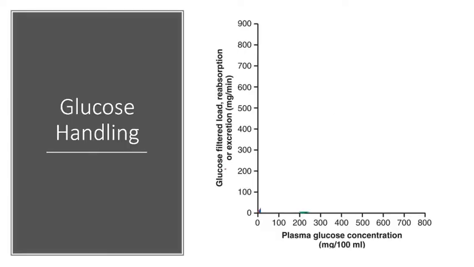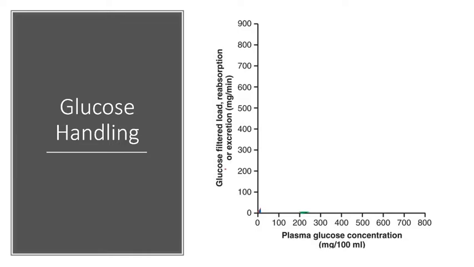I've just got a couple of animations on particular molecules. We've talked about glucose and how all of it is reabsorbed. These are the sort of graphs you might be expected to draw or label in a viva situation, and it's much easier to do when you actually understand what's happening. In this animation, the plasma glucose concentration is at the bottom.